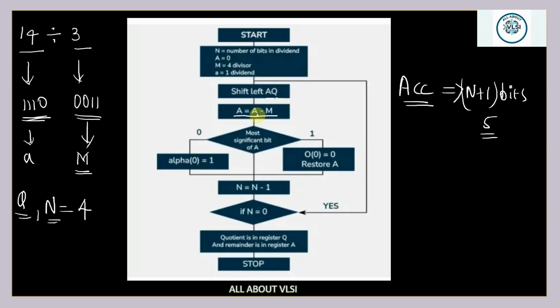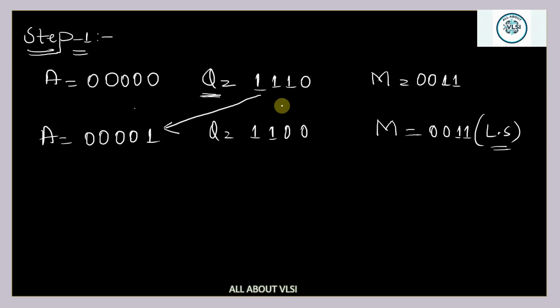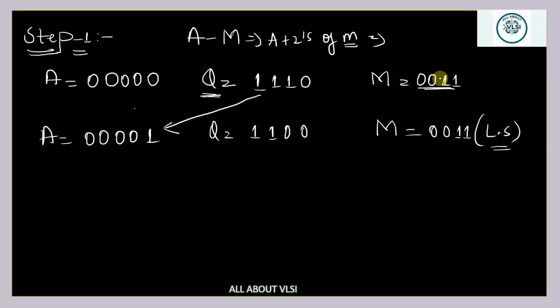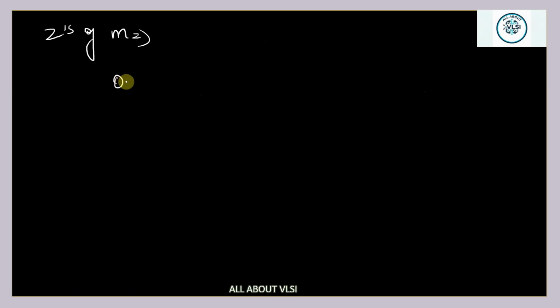Next I'm going to compute A equals A minus M. Instead of performing A minus M, I can perform A plus the 2's complement of M. The 2's complement of M, 0011, is 1101.